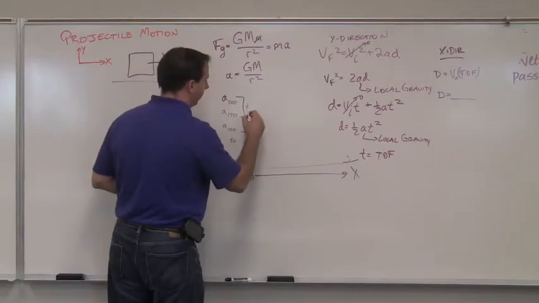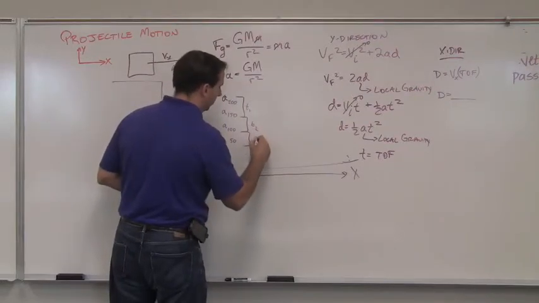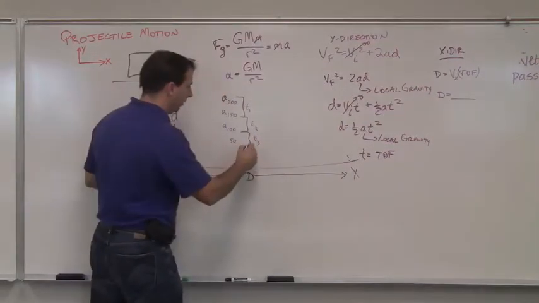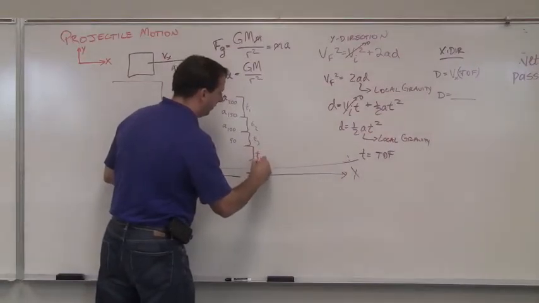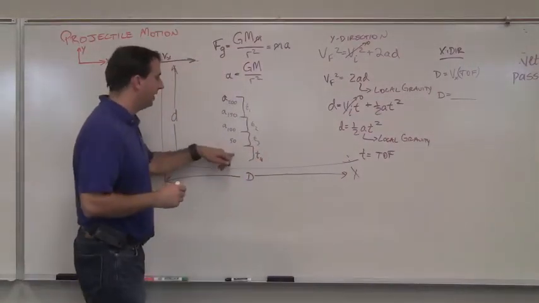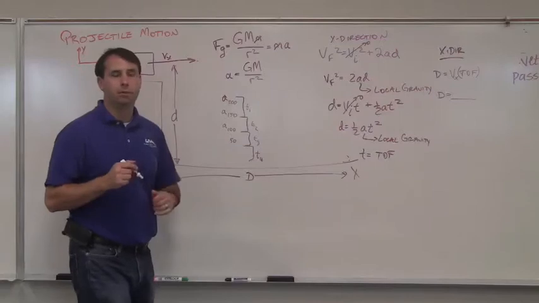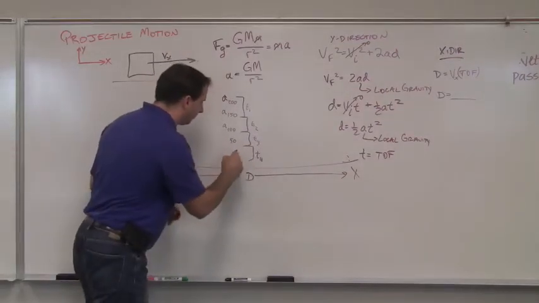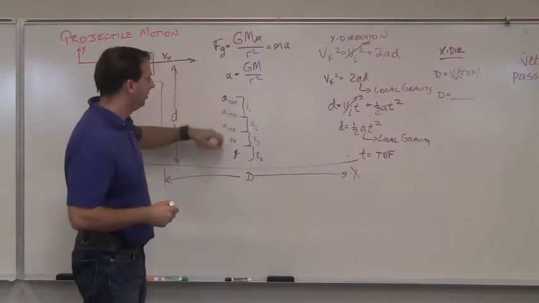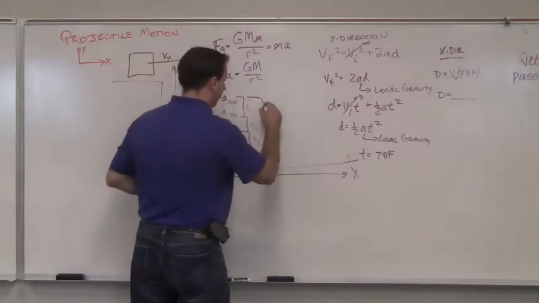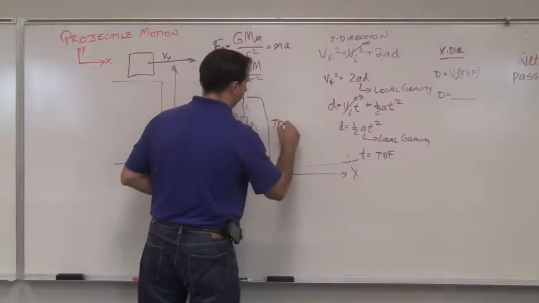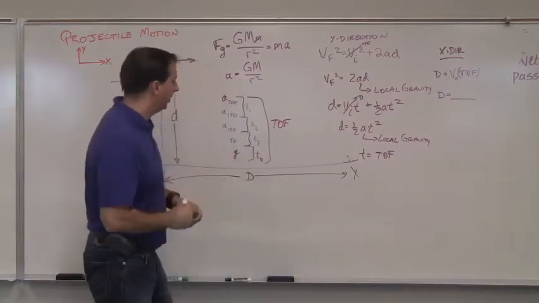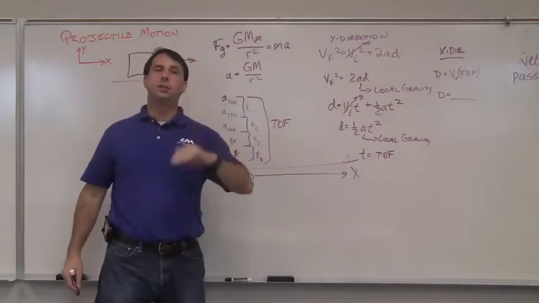So you'll have T1, T2, T3, and then obviously T4, because you haven't hit the ground yet. But for the last 50, you can just use the value of local gravity. Just use G for that. You can stitch those together, and those become your time of flight, and that's what you plug in.